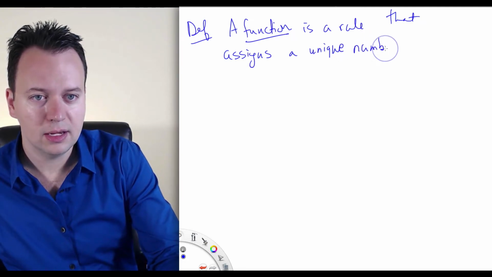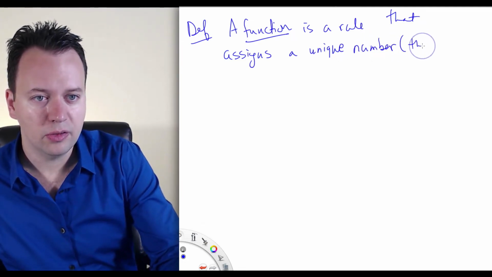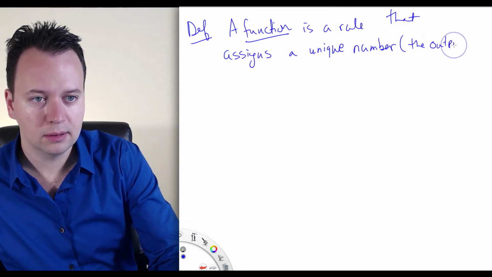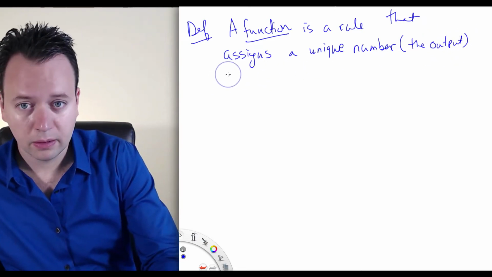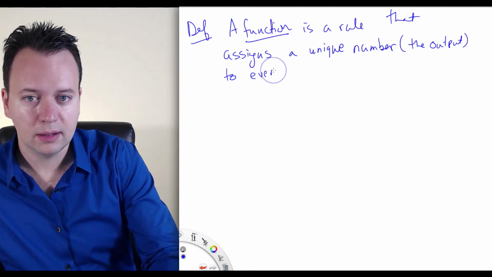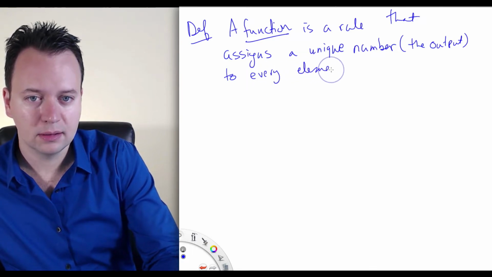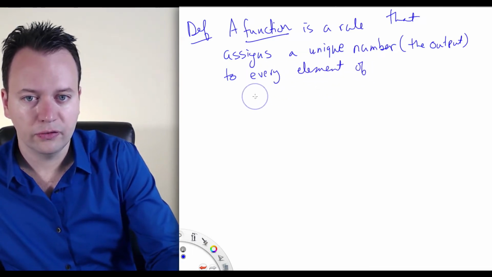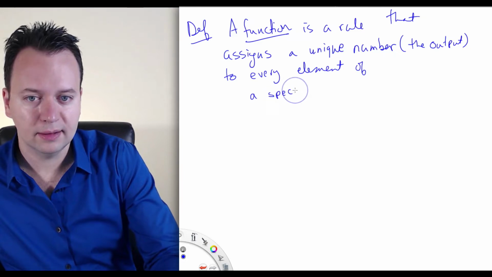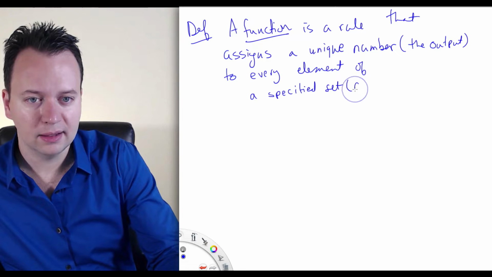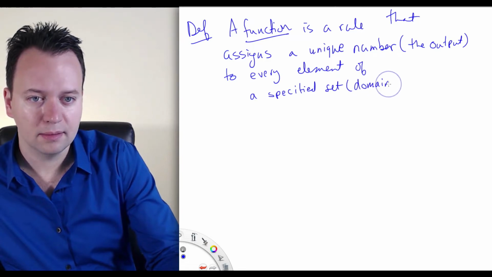This number is called the output, to every element of a specified set. And that specified set is called the domain.